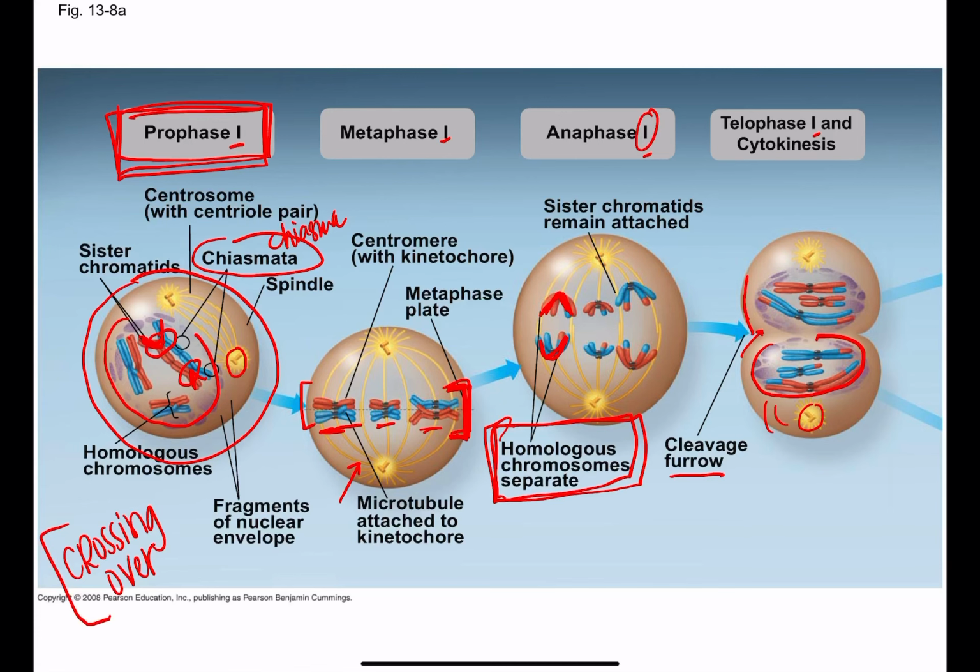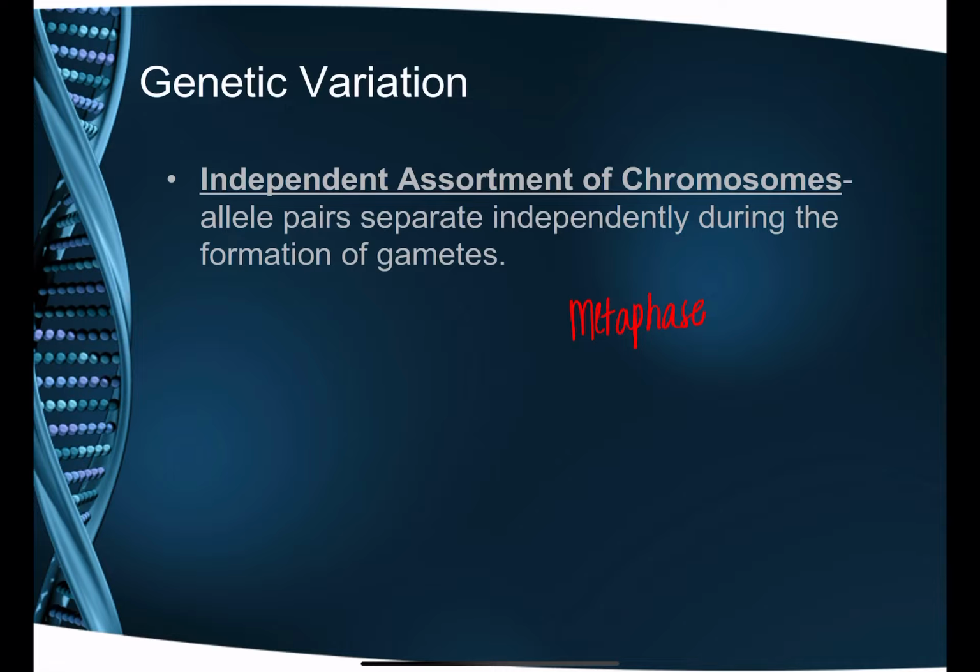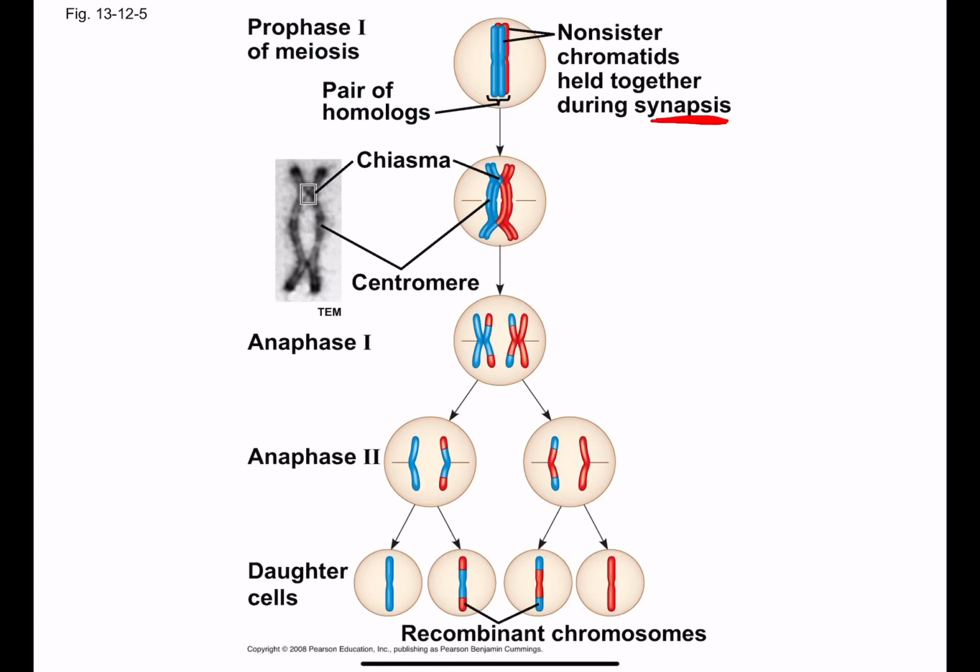And so what crossing over is, it's kind of the exchange of parts of the sister chromatid. So you see this, they exchange these pieces of their legs. Okay, I'm calling them legs. They're not legs, they're sister chromatids. And so you see that here. So this blue chromosome, this daddy chromosome, is not all daddy anymore.